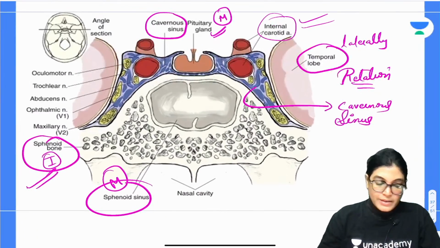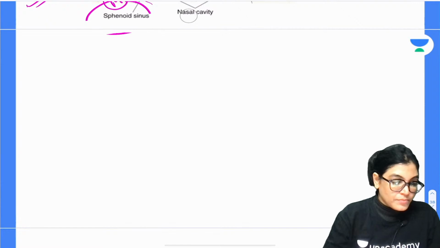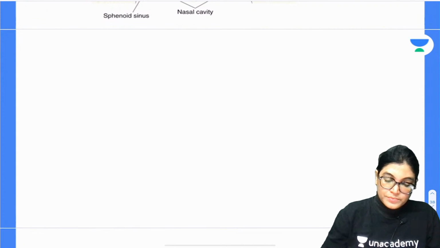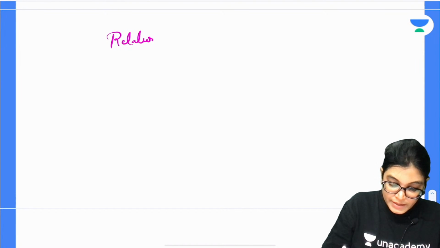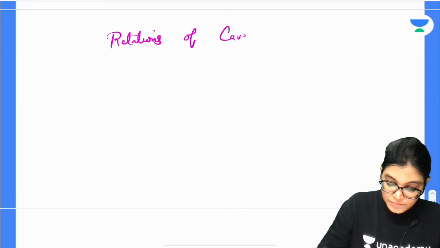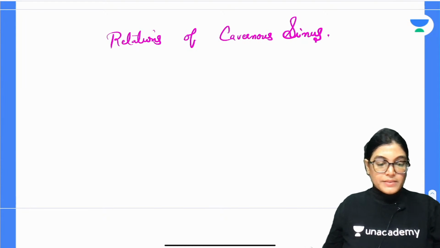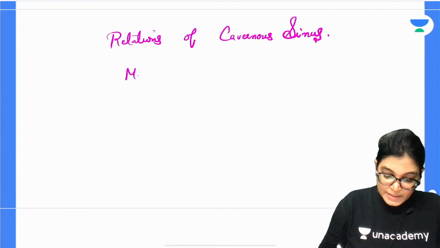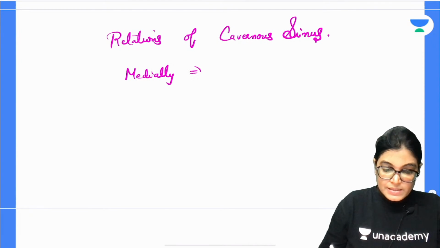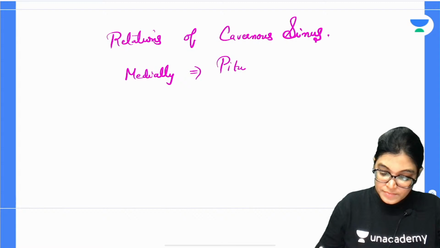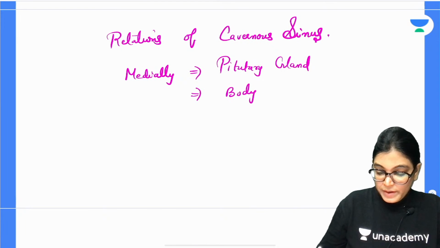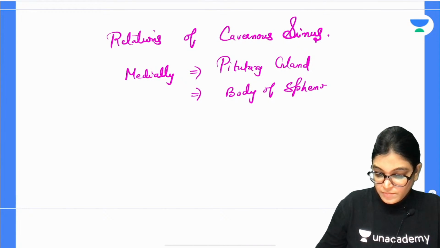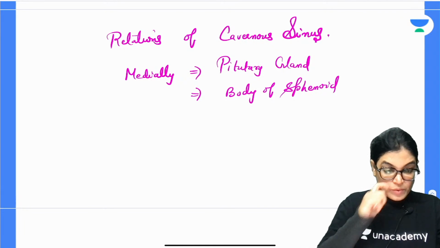So write down this important relation. Relations of cavernous sinus. Medially it is related to the pituitary gland and body of sphenoid.